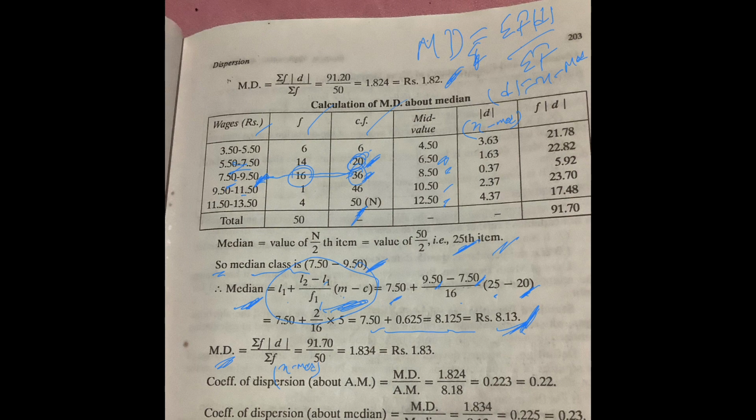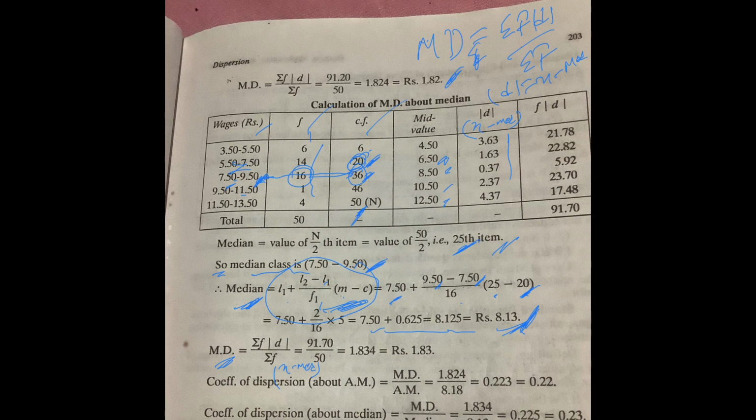Likewise, if you calculate, you can get all the values of d modulus. In that way you have to find f d modulus. So f is here, d modulus is here. You can multiply 6 into 3.63, it will be 21.78. 14 into 1.63, it will be this thing. You can bring all the values of f d modulus.